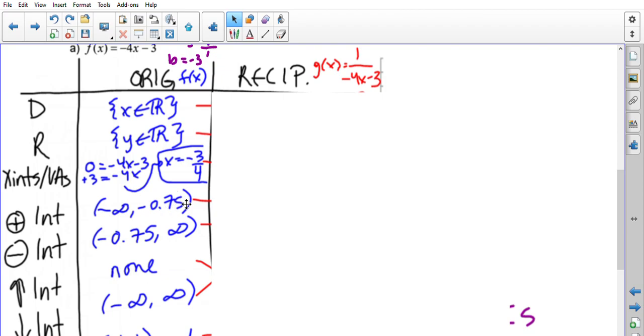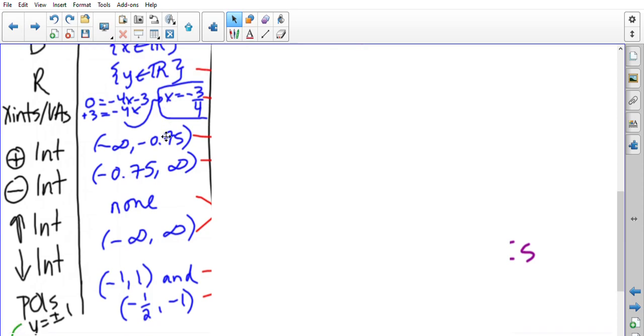You should be able to see that on the line that you've drawn on your page. Which means that the line goes below the x-axis after the x-intercept, so from negative 0.75, just another way of writing negative 3 over 4, to infinity.